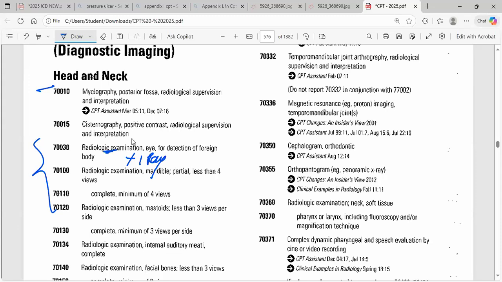Our X-ray codes are based on the views. All X-ray codes for all the locations are based on the views. Views are defined by the anterior lateral views, posterior anterior view, and frog view. So we have a different type of view. View means, everyone is aware about the X-ray views.